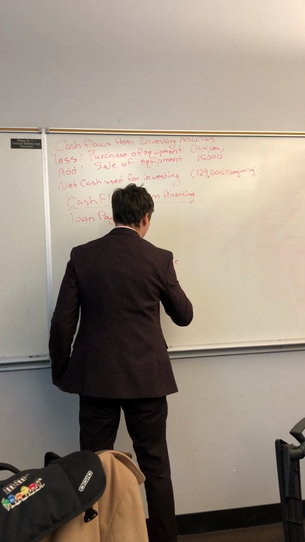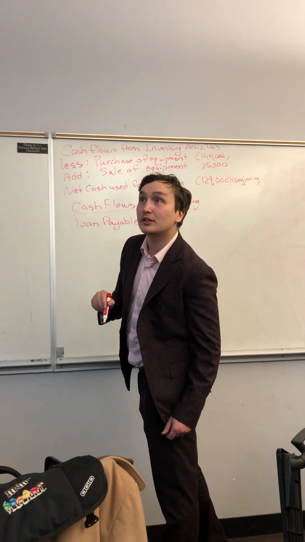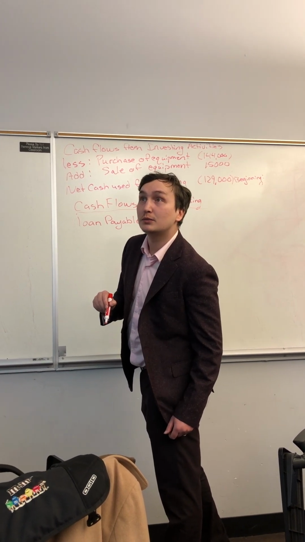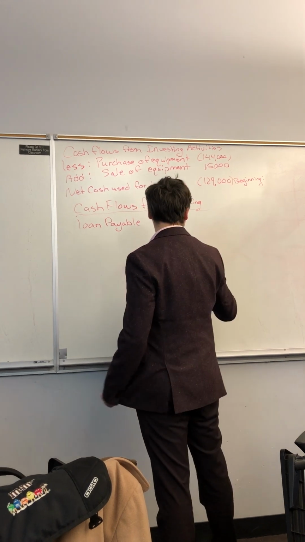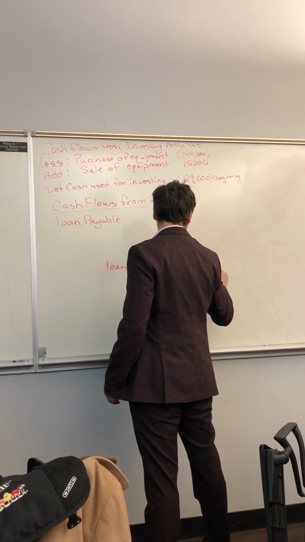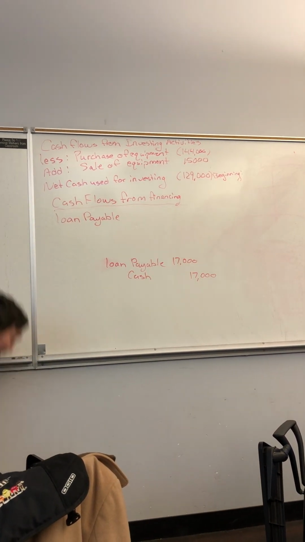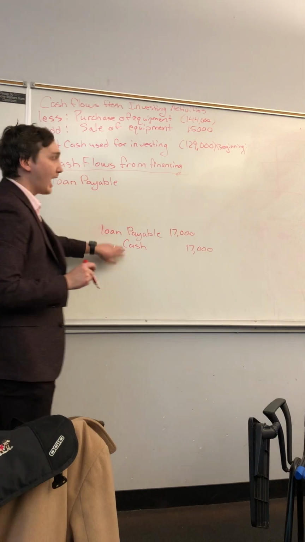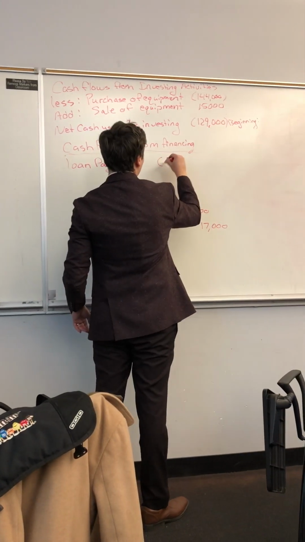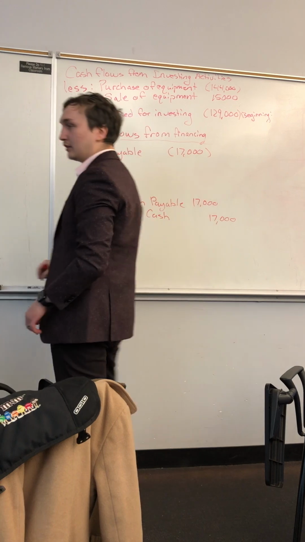Cash, perfect. What was that, 17,000? Yeah. So we see cash going down 17,000, a 17,000 decrease.